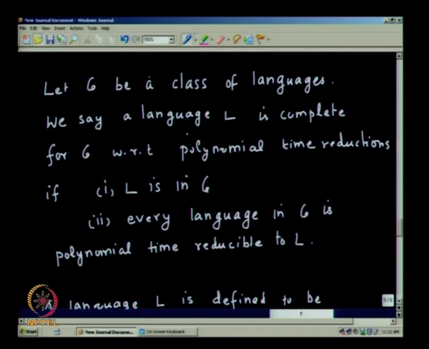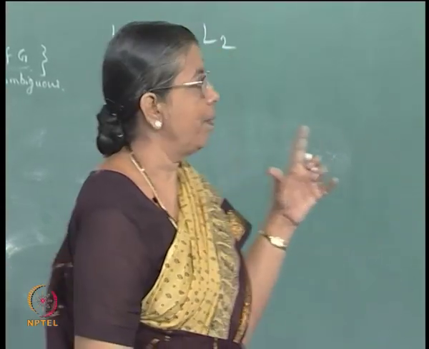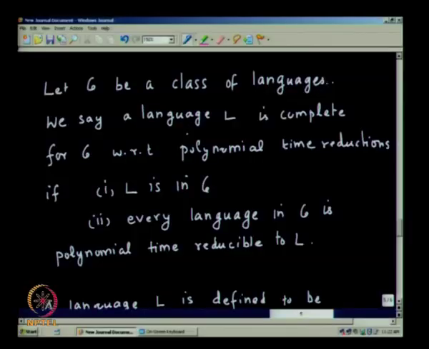Let C be a class of languages. This is a general definition, then we will define for NP. What is an NP complete problem? Let C be a class of languages. We say a language L is complete for C with respect to polynomial time reductions if L is in C and every language in C is polynomial time reducible to L. There are two conditions to be satisfied.